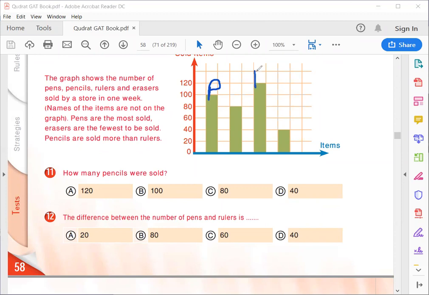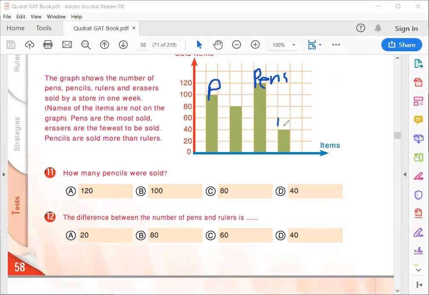Here pens are the most sold. Erasers are the fewest.